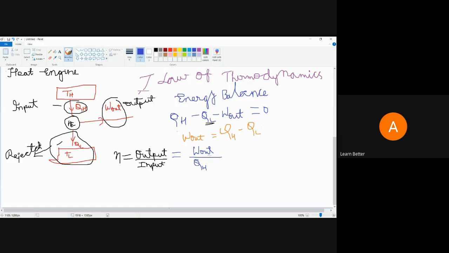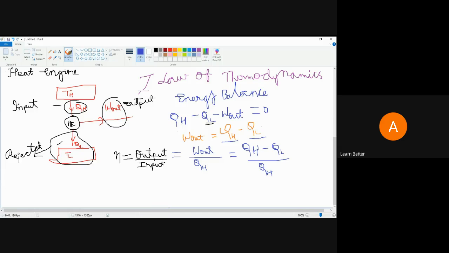Now, how can you write W out? We know that the work output is equal to the high temperature reservoir's heat minus the low temperature reservoir's heat. So expanding in terms of that, eta equals QH minus QL divided by QH.